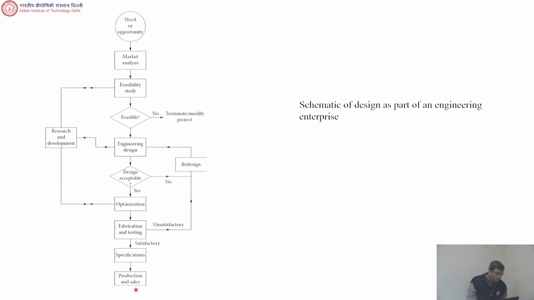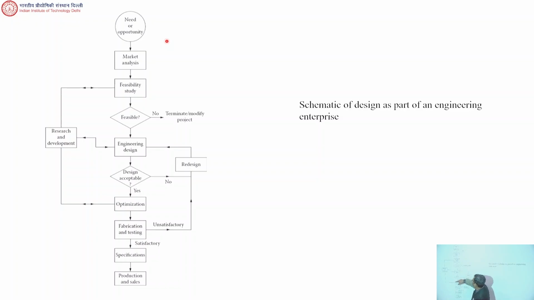But before all these, you also have to see the need or opportunity, right? Like, is there really a need for the product? There are many such products in the market, so that's a market analysis. Then as a feasibility study, if it is not feasible, then terminate the project. Don't proceed.